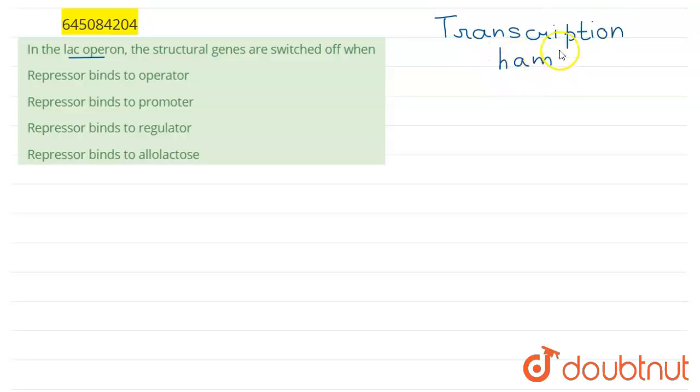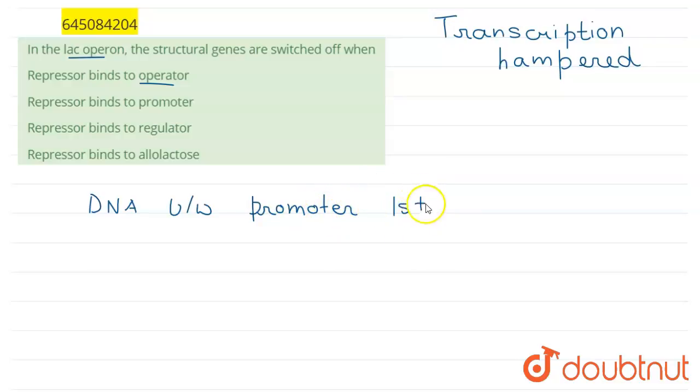So if we see our options one by one, the first option given is repressor binds to operator. This operator is a specific DNA sequence which is present in between the promoter region. This promoter region promotes transcription, so it is present in between the promoter and the first coding gene.